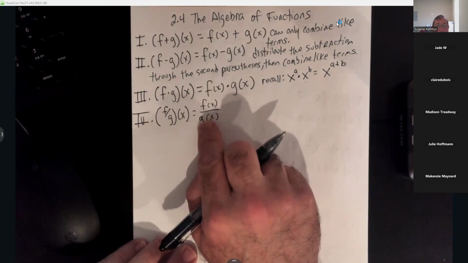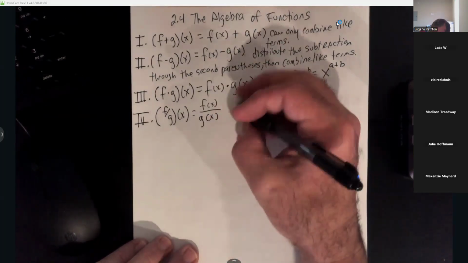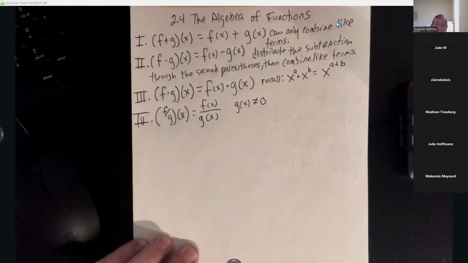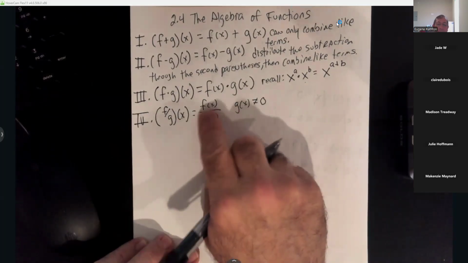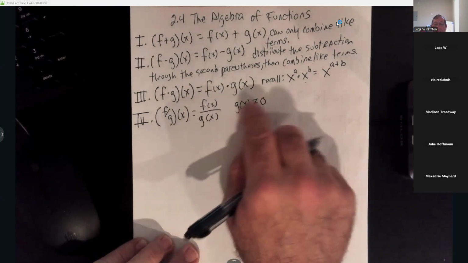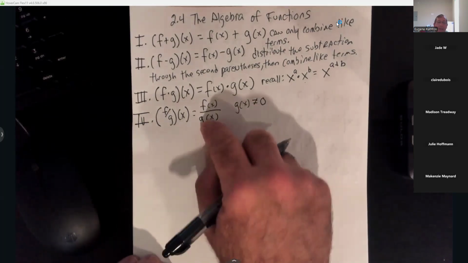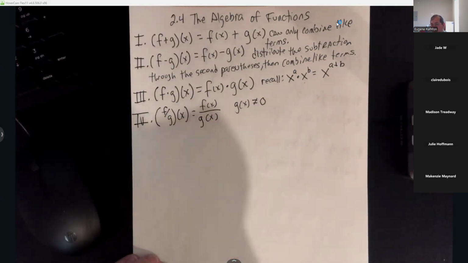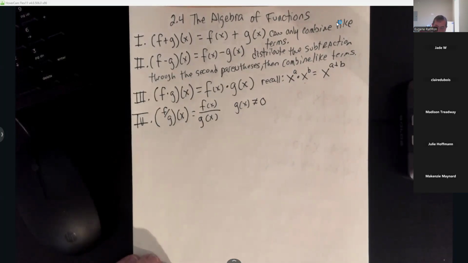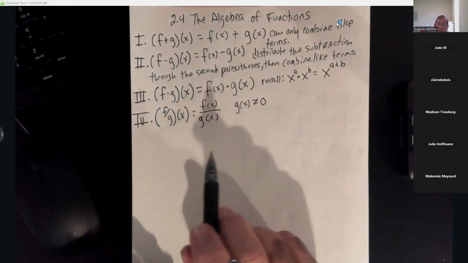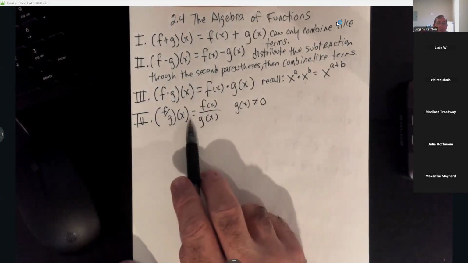So when you got a fraction, remember, g of x cannot equal 0 for us, okay? So anytime you're given a function and you got a denominator, you got to put that restriction on it, okay? So I can divide any functions as long as this function on the bottom does not equal 0. Now, they don't kill us a lot with the division in this section, but yeah, that's what we would do, okay?